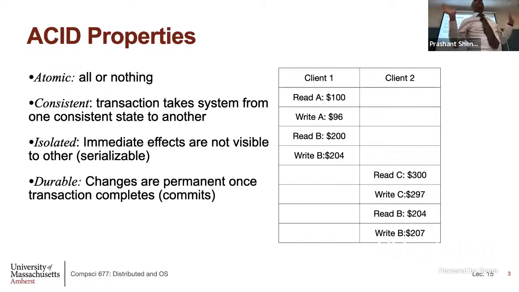So with 100 transactions all executing, and you look at what state you are left at the end, you will be able to arrive at that state because there'll be some order in which you can execute them one at a time without the other 99 executing at the same time and still get that. That is called serializability. So even though there is concurrency, the effects are as if you ran them individually one at a time. This allows you to reason about correctness of the system. That is the I, isolation, the I in ACID.